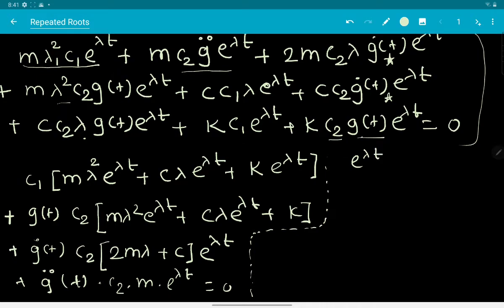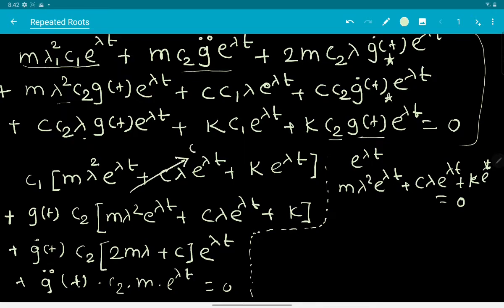What does that mean? It means that m lambda square e raised to lambda t plus c lambda e raised to lambda t plus k e raised to lambda t should be equal to 0. So this bracket should go to 0.